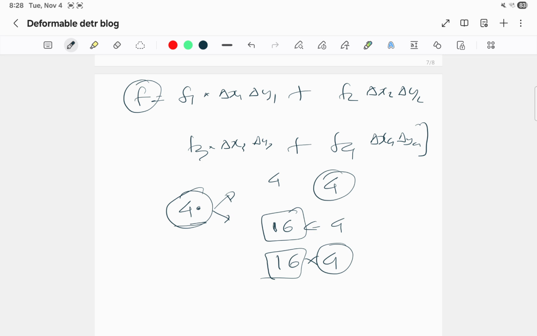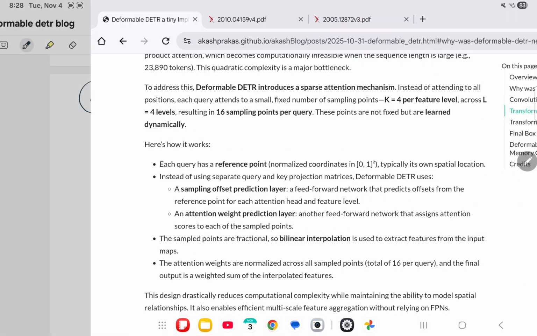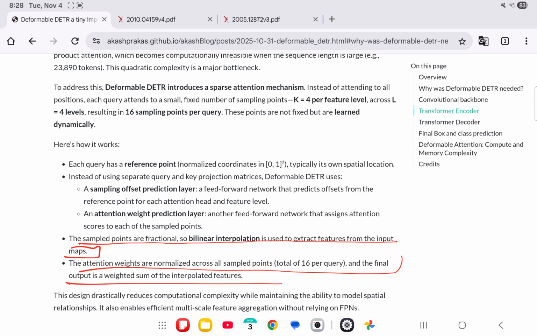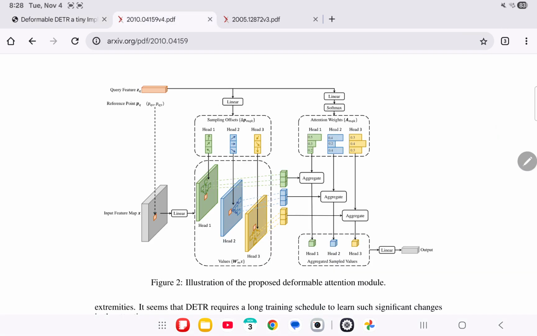So that is what we say here: sample points are fractional, so bilinear interpolation is used to extract these points from the map, and finally we multiply the attention weights to get how much each point's weight corresponds. In the paper they explain it with a neat diagram.